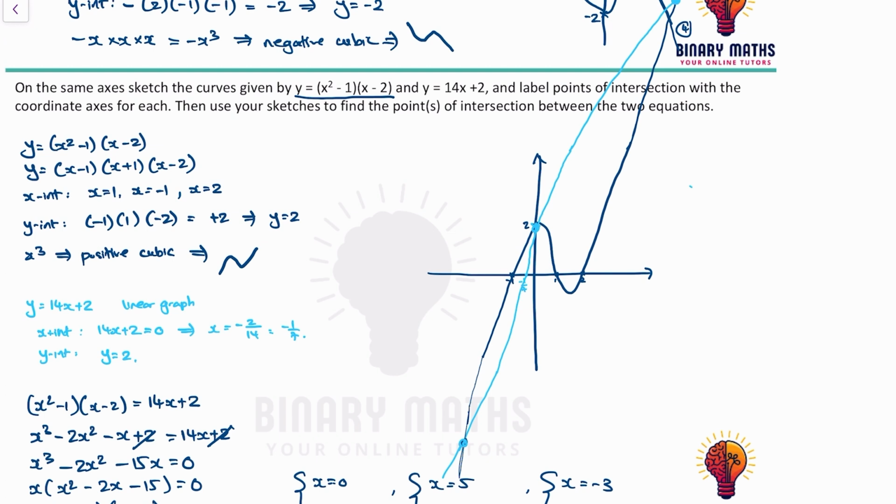Okay, if I substitute that into y is equal to 14x plus 2, I get y is equal to 14 times 0 plus 2, which means y is equal to 2.